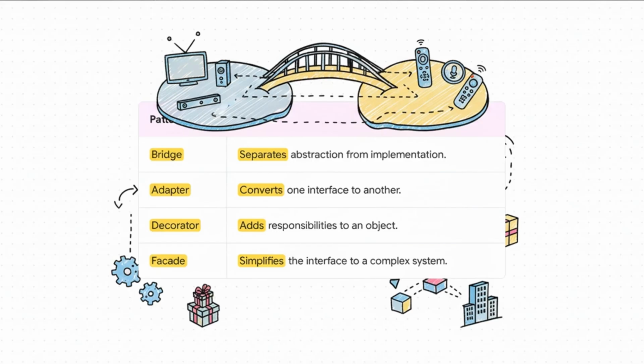The bridge pattern's one and only job is to separate these two things, the abstraction and the implementation. In contrast, an adapter is all about converting an interface you have into one that you need. A decorator is for adding new features to an object on the fly, and a facade is for simplifying a really complex system. They all have their place, but they're not the same.